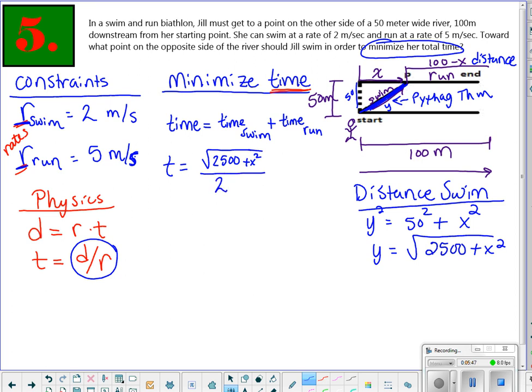Add on to that the time for running, and the distance for running would be 100 minus x. So we take d divided by r, there's the 5. And that will get us set up.